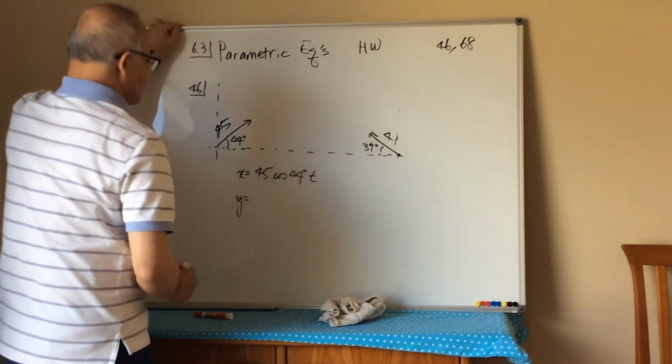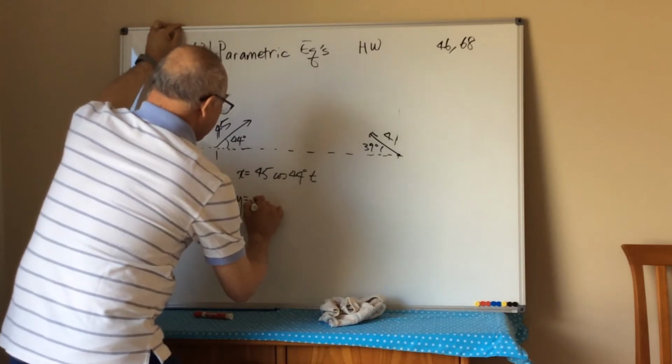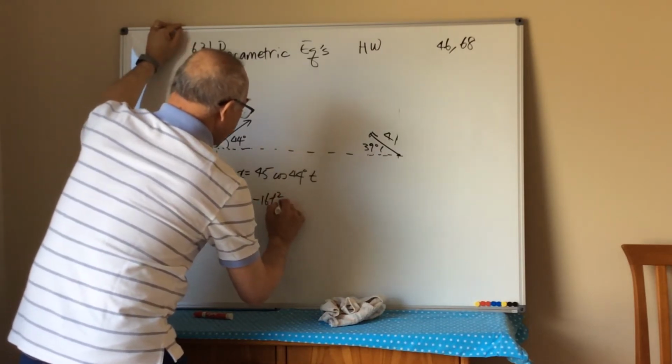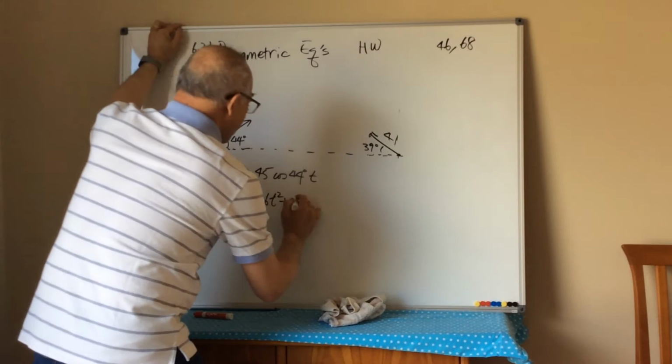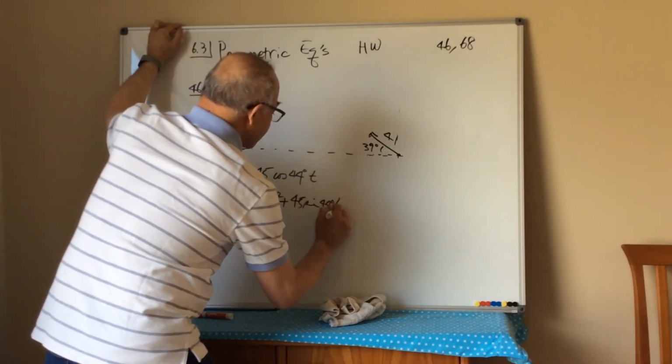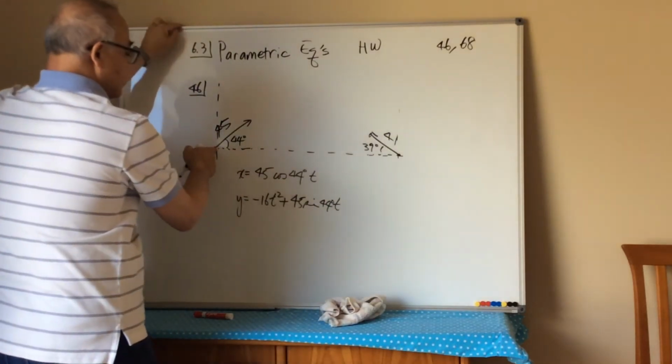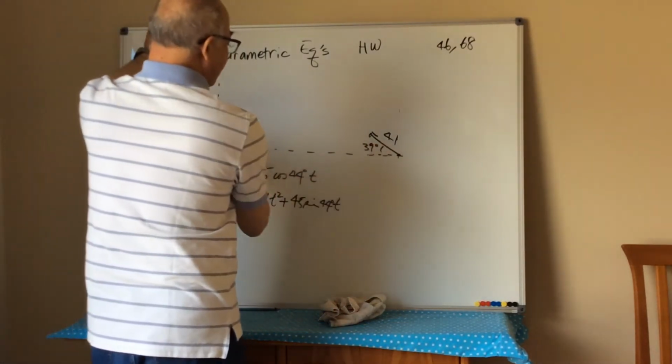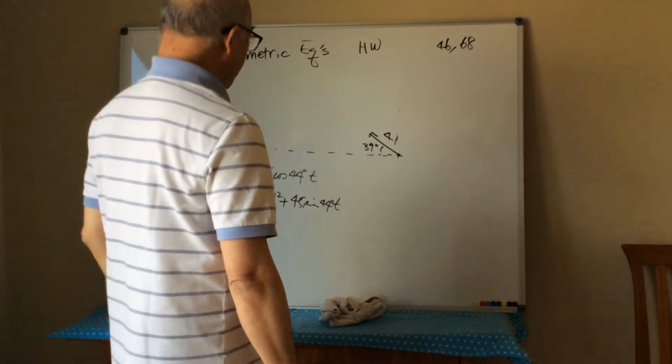Y is going to be equal to negative 16t squared plus 45 sine of 44 degrees t plus 0, because they're at the same 5 feet. So that's it.